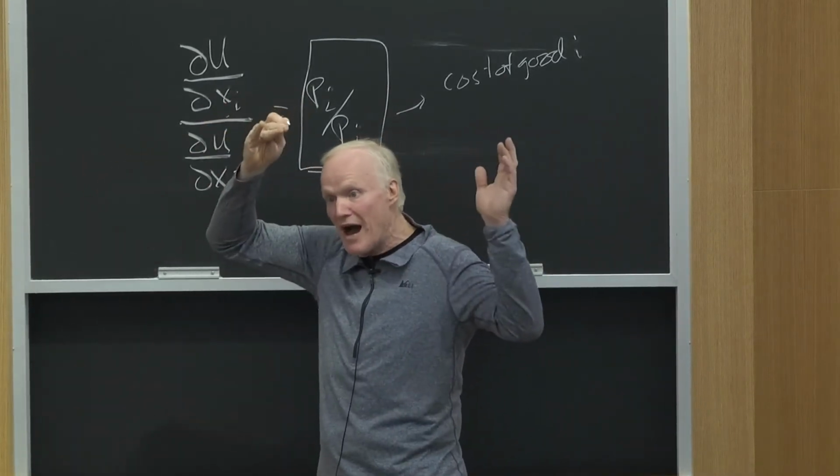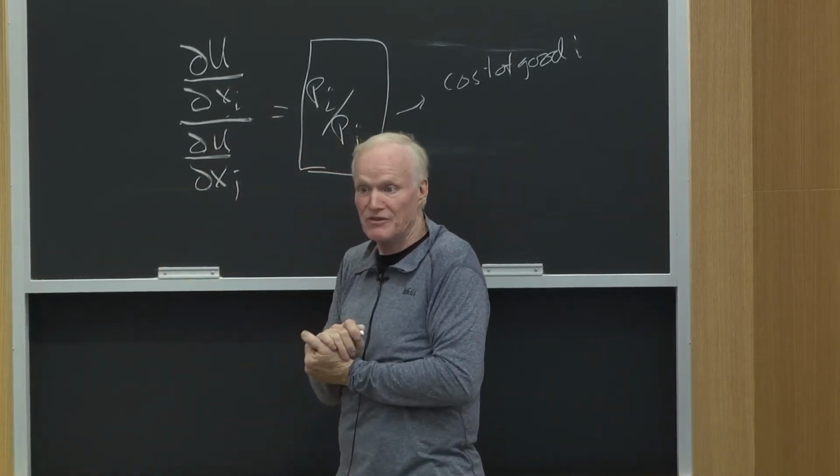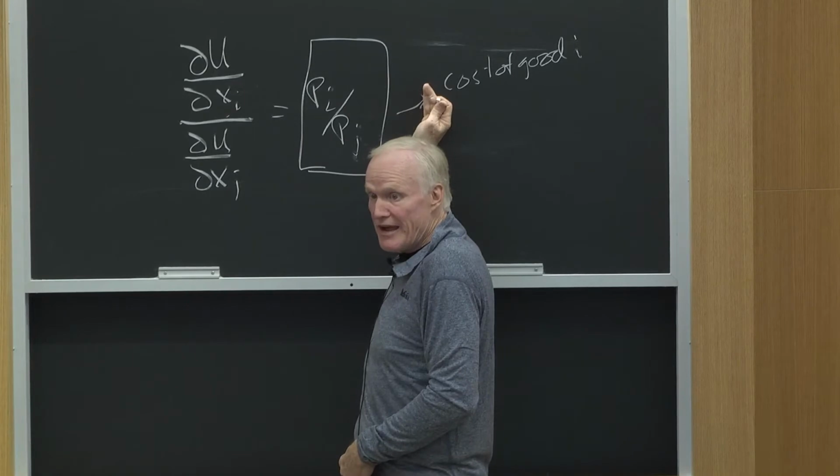If I want to consume more I, my budget constraint says I've got to consume less of something else. One of the things I can consume less of is J.